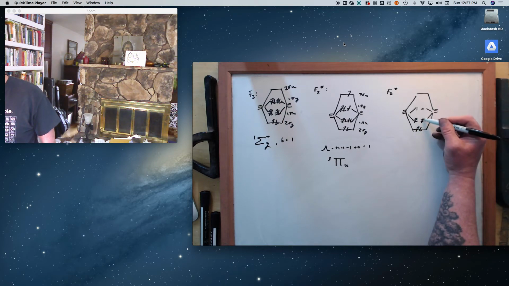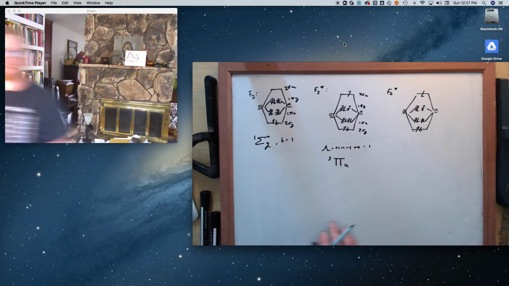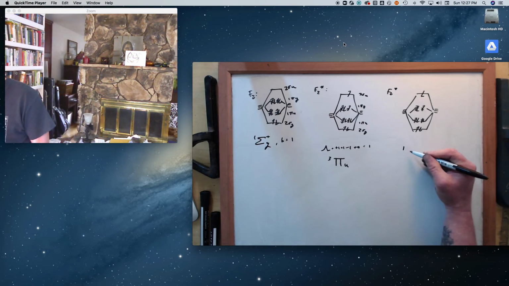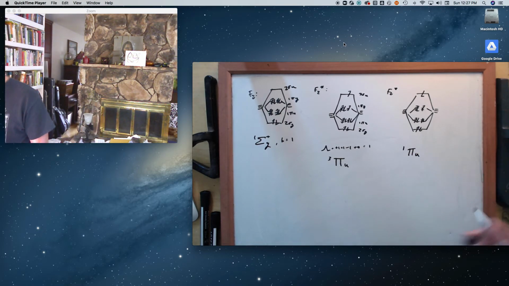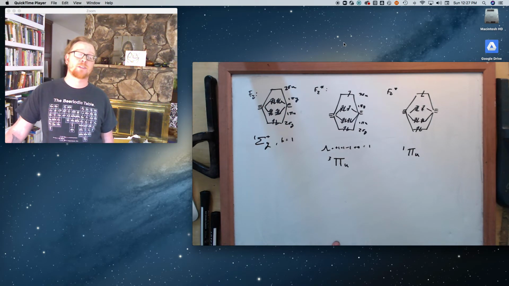So we fill those levels up, and then one here, one here, one here, and then if we force that to be a singlet, that would actually be singlet pi u. And so if we kept promoting electrons, we're going to have some kind of an organized way of telling us what's the correct order.